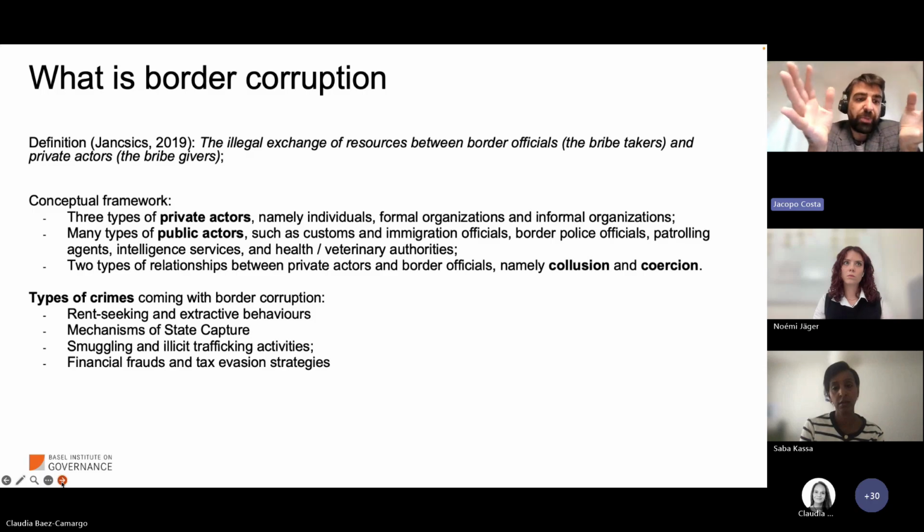So there are four different types of crimes related to this kind of border corruption, like rent seeking and extractive behaviors. We can have mechanisms of state capture, smuggling and illicit activities, financial fraud and tax evasion strategies. So these are more or less some of the crimes and offenses that come together with border corruption.